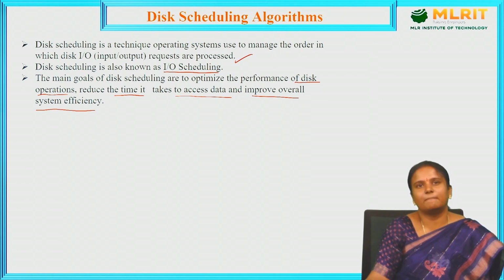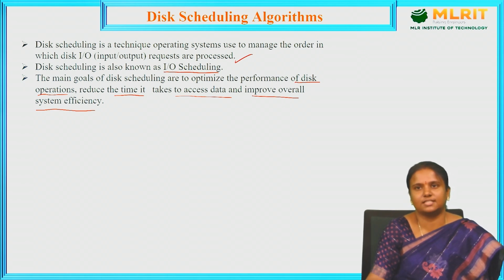Why? Because the main goal of disk scheduling is to perform disk operations by reducing the time taken to access the data. Overall, it improves the system's efficiency. That is how these goals are achieved by disk scheduling algorithms.